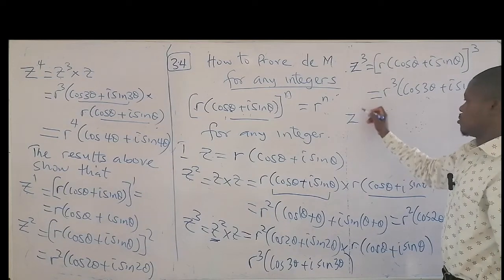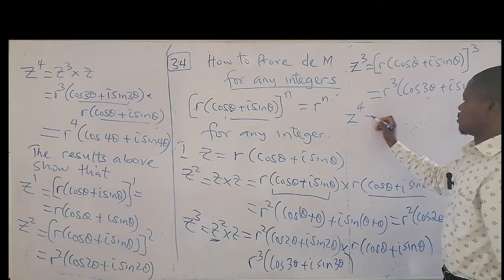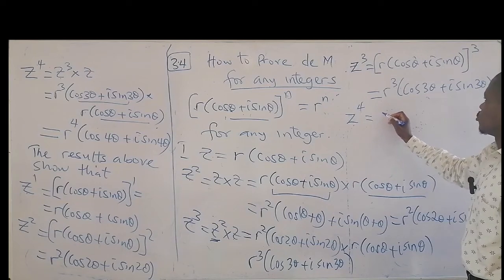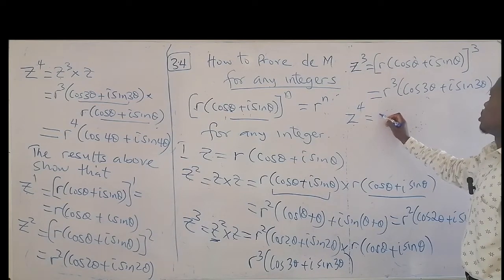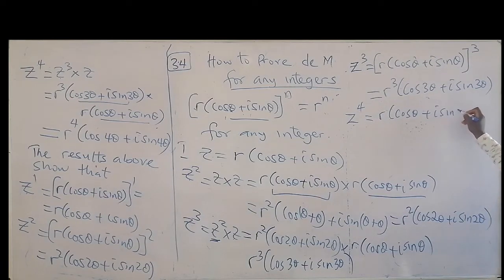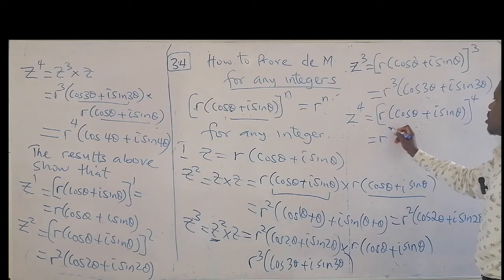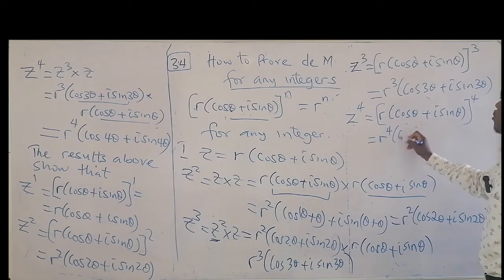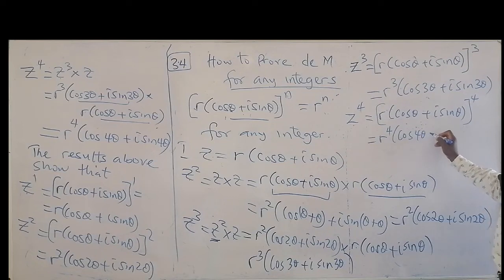We can do one more. Z to the power 4 will be the same thing also, and that will be r(cos theta plus i sin theta) to the power 4, and this will be r to the power 4 (cos 4 theta plus i sin 4 theta).